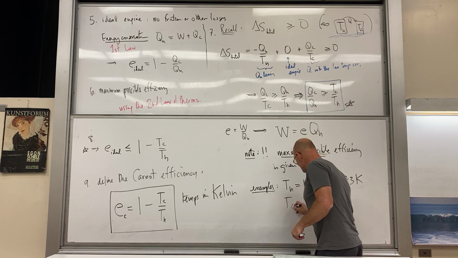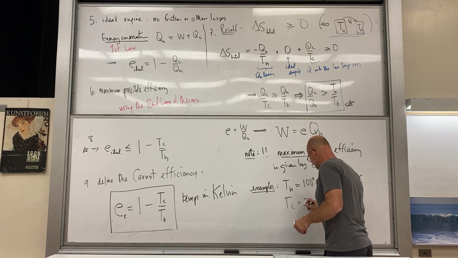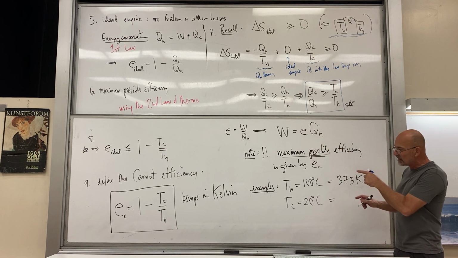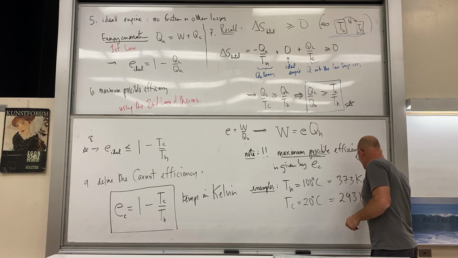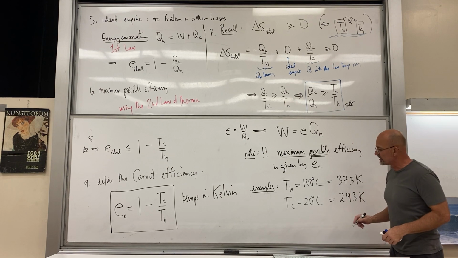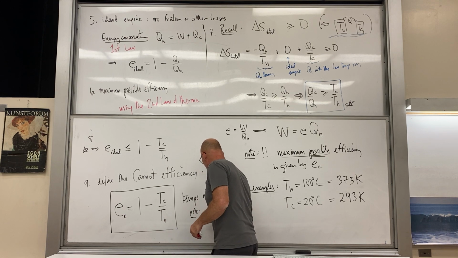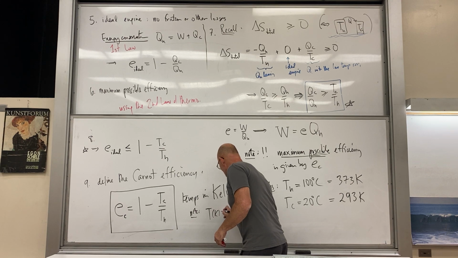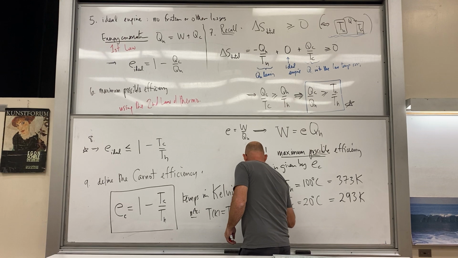And let's let Tc be room temperature, or some ambient temperature, 20 degrees Celsius, but again, it has to be Kelvin, and therefore that would be 293 Kelvin. So yeah, always remember this. Put that as a note here, just so you have it. T in Kelvin is equal to T degrees Celsius plus 273.